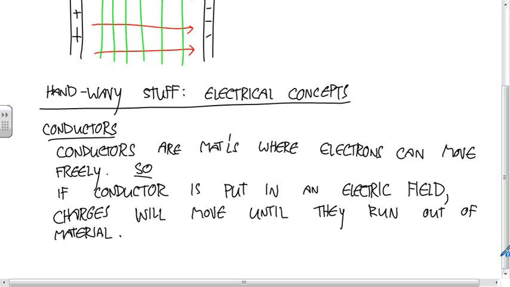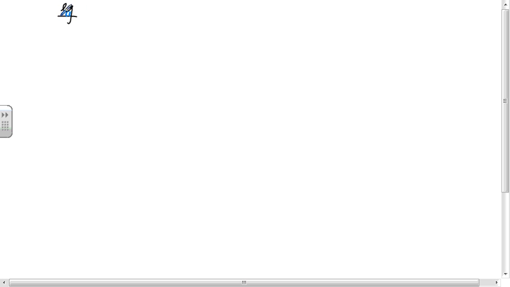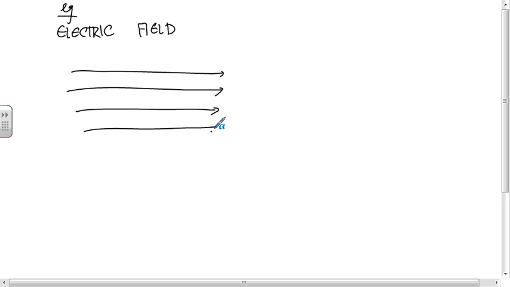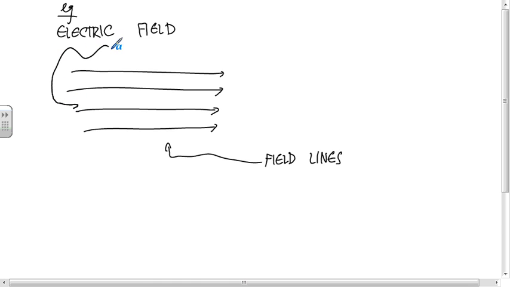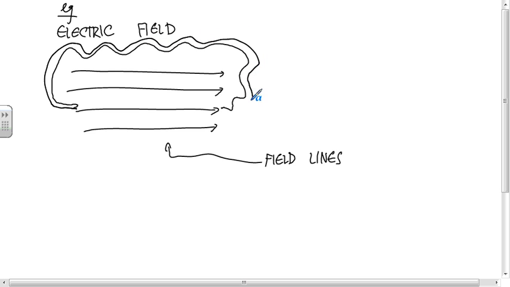So for example, if you had an electric field with field lines like this, and you put one end of a copper wire here, and the other end, so let's call this A and this B. Say this is a copper wire.